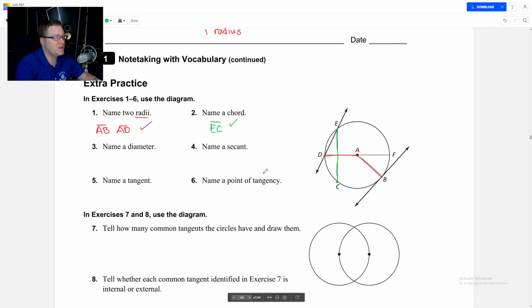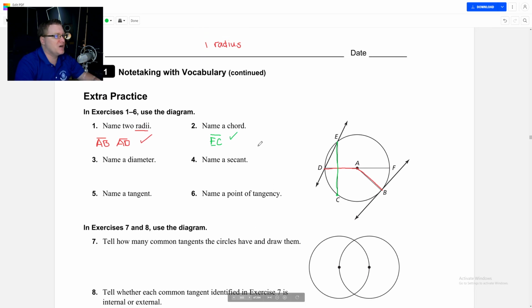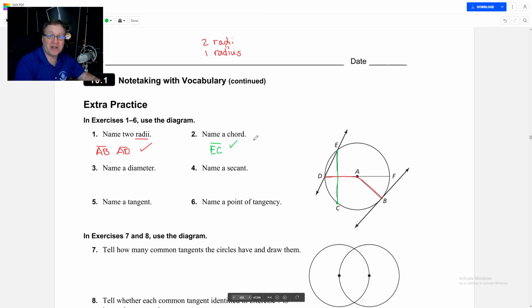All right. Next, we need to do a diameter. Now, remember, a diameter is a chord, so it's a line segment that goes from one point on a circle to another point, and it has to go through the center. All right, so I'm going to use blue for this one. All right, well, look here.